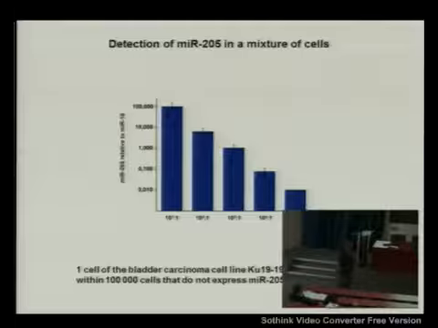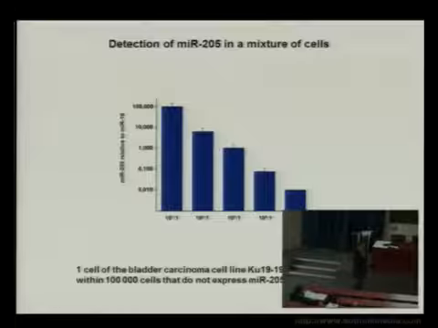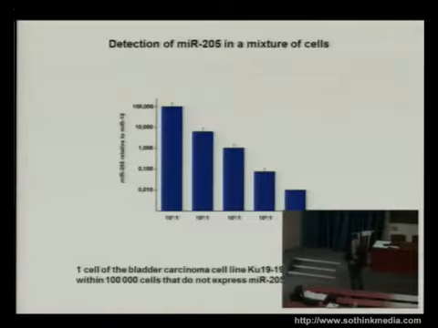And we then looked at dilutions from Ku 1919 carcinoma cell lines, and these cells are diluted in cells from another cell line, which does not express the microRNA 205, and we find that we can detect the microRNA 205 in a mixture of 100,000 other cells.